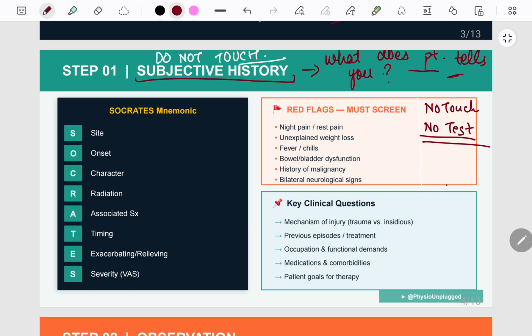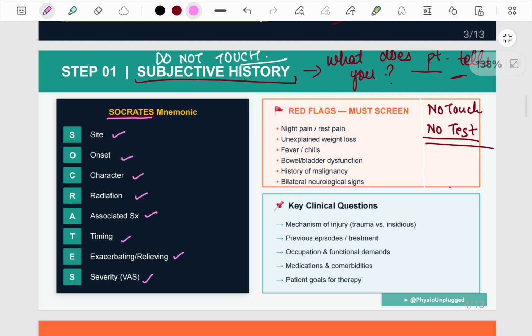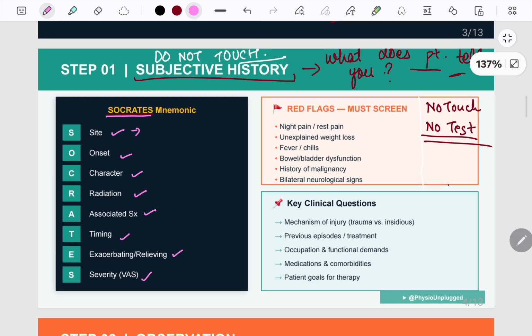Now to understand the subjective history, we use a framework that is known as SOCRATES. SOCRATES is basically a mnemonic that stands for site, onset, character, radiation, associated symptoms, timing, exacerbating or relieving factors, and severity. Now, site means, where exactly is the pain?